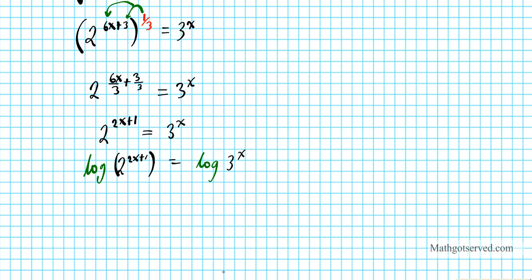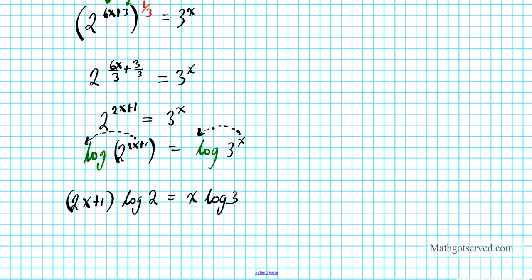On the left side, I can power down this exponent, so it becomes the quantity 2x plus 1 times the common log of 2, equals, and I can also power down the x on the right side, x log 3. Now, since I have a variable on both sides, I have to collect like terms.